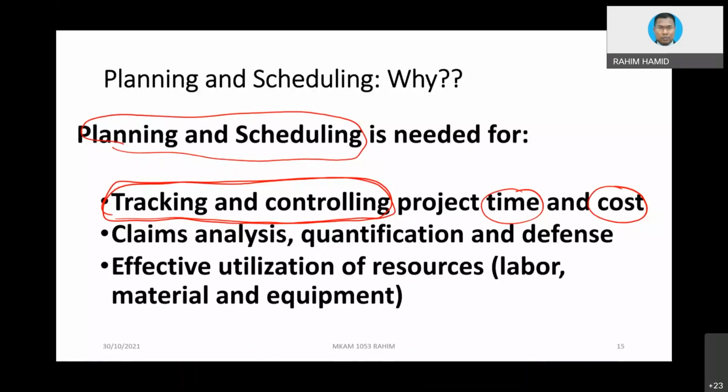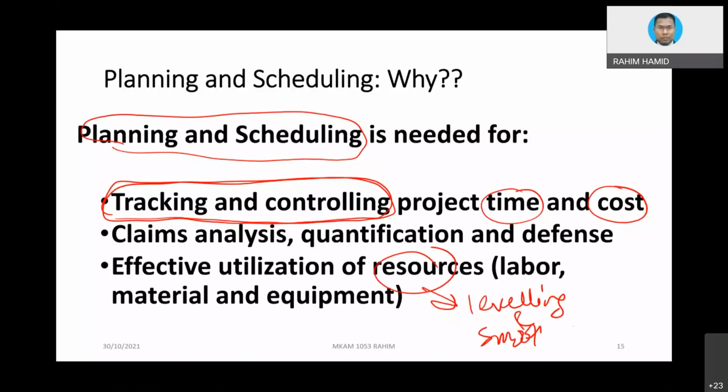And from that resource utilization, later on, we are going to develop what we call resource leveling and resource smoothing.